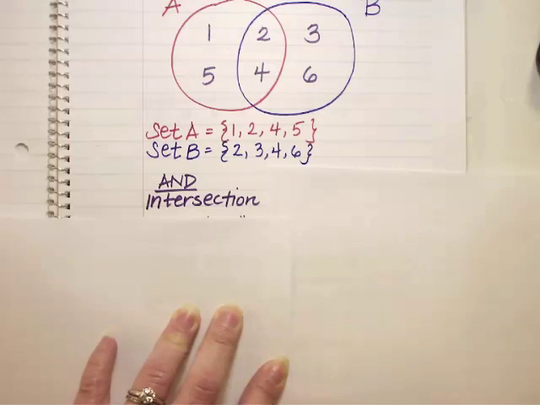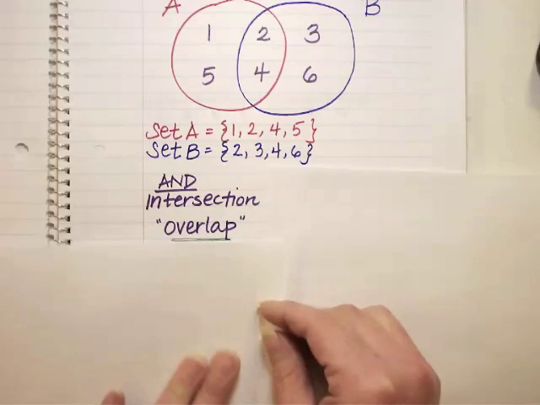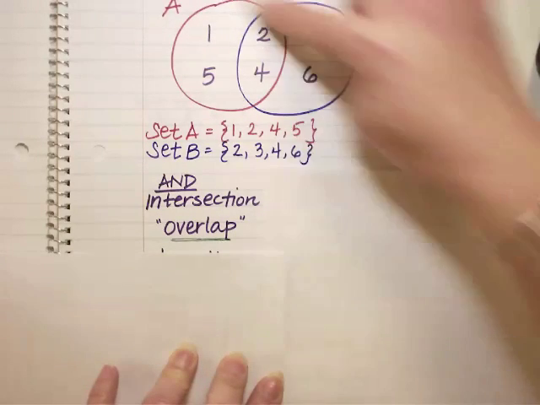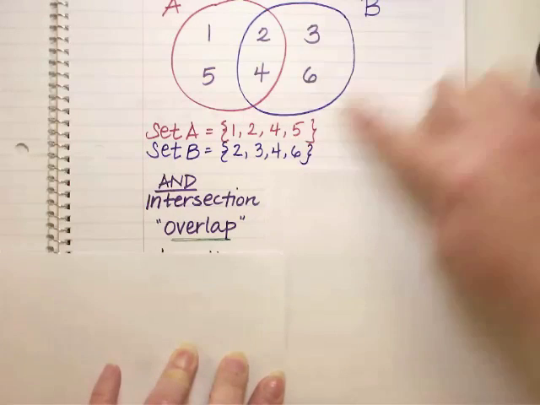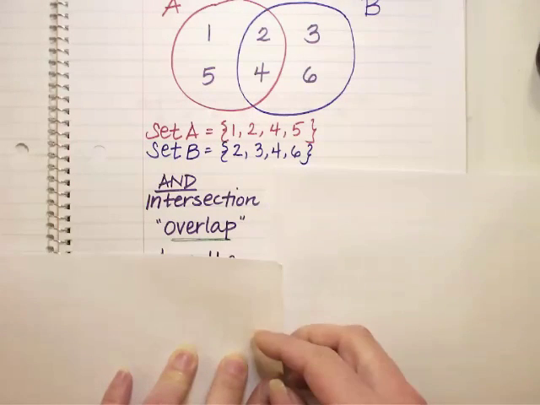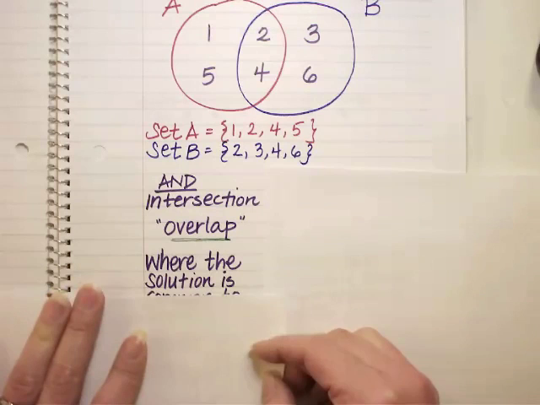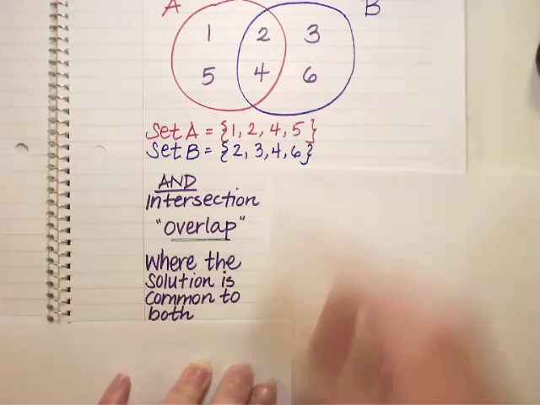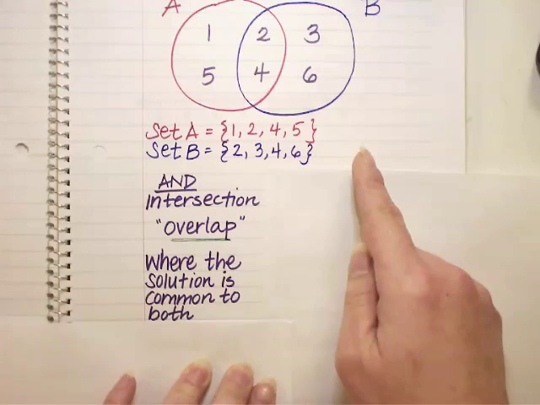An intersection was where they crossed, where they overlapped. So an and is when the two sets overlap. So where does set A, the red set, overlap with the blue set? What I'm looking for is where the solution is common to both of them. What numbers appear in both A and in B?